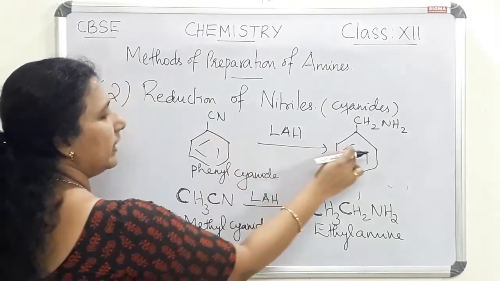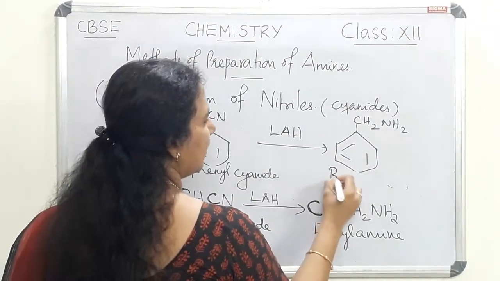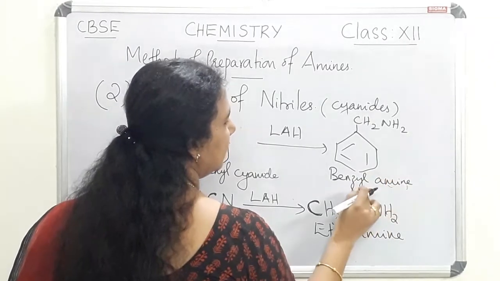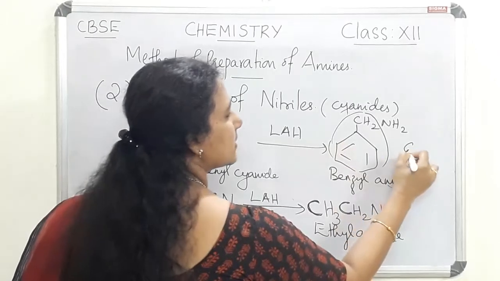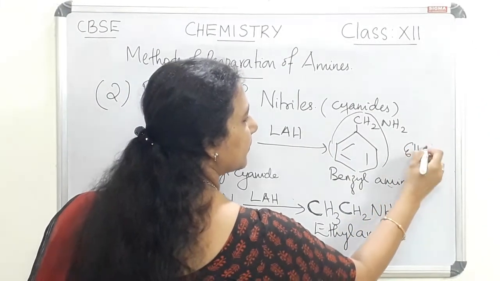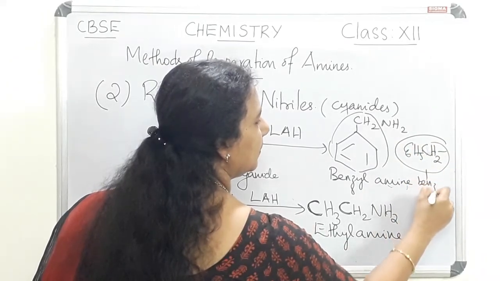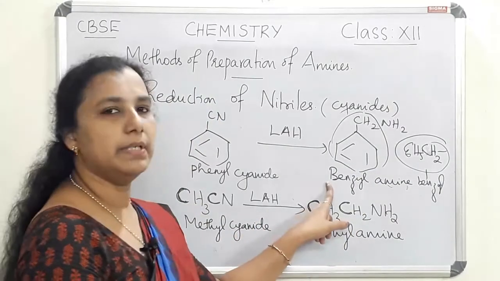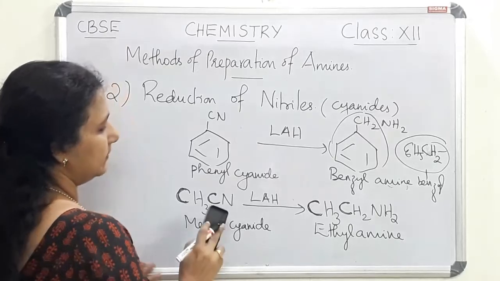So here also we will get the same number of carbon atoms in the product, and this is known as benzylamine. The C6H5CH2 group is called a benzyl group. So this compound is known as benzylamine. So reduction of nitriles also gives amines.